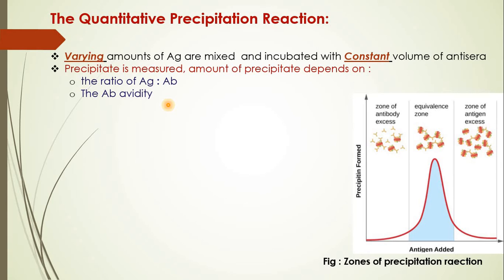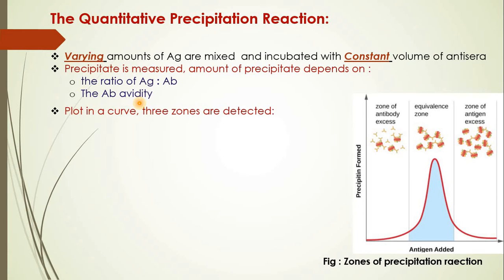Also, it is dependent on the avidity of the antibody. Of course, what is avidity? Avidity is the total capacity of the antigen to interact with the antibody. That is called avidity, right?